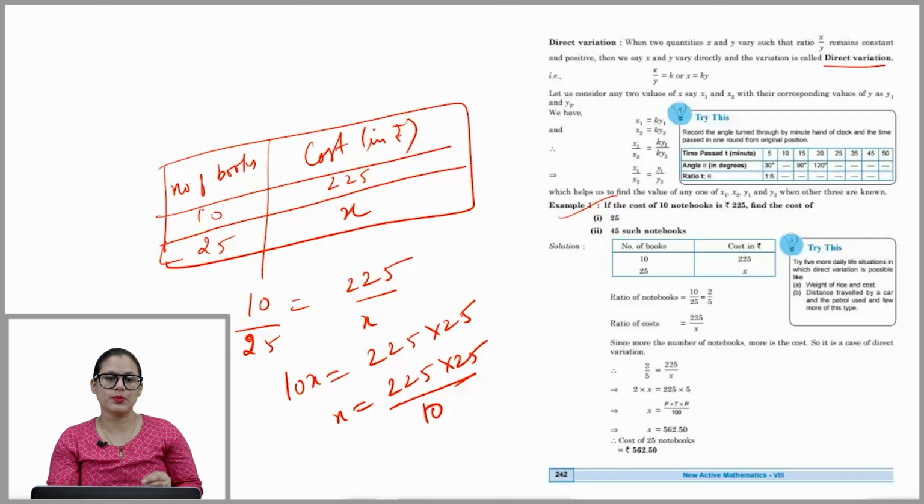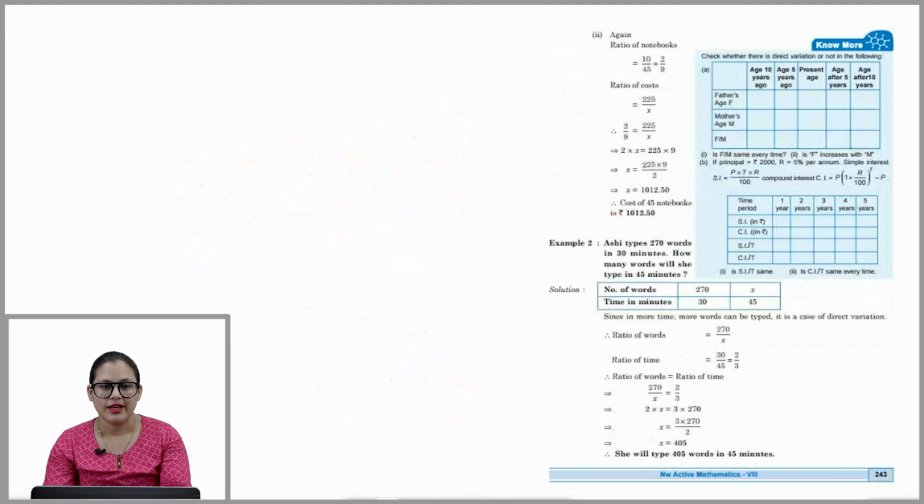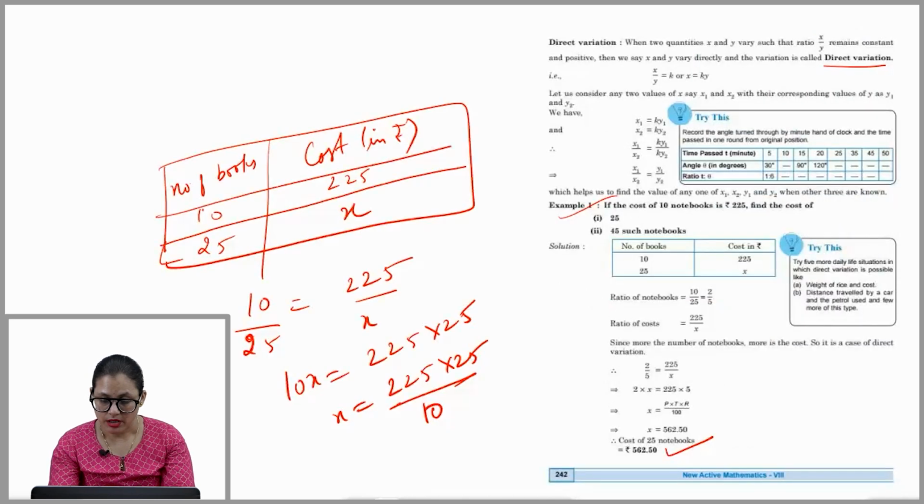So in this way we will find the value of x, which is 562 rupees and 50 paise, right? Now second, the ratio of notebooks is 10 by, okay, now in the second part we have to find the cost of 45 such notebooks. Now this time we will write here 45.